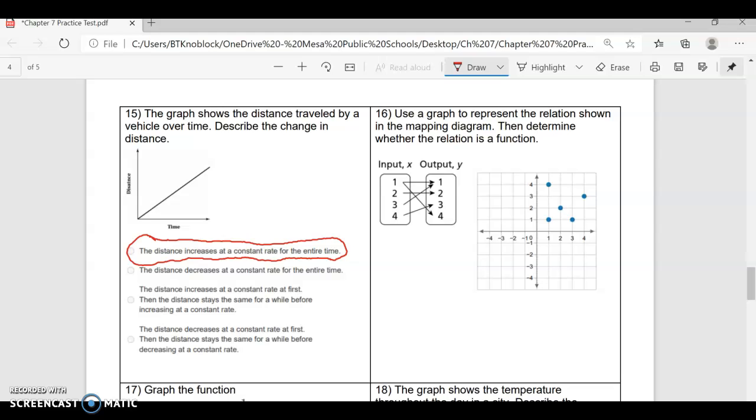So those are all those points. But you see how these 2 points right here hit both of them at the 1? You can't have the same input give you 2 different answers. So this one would end up being not a function.